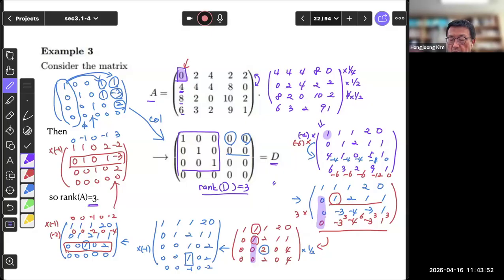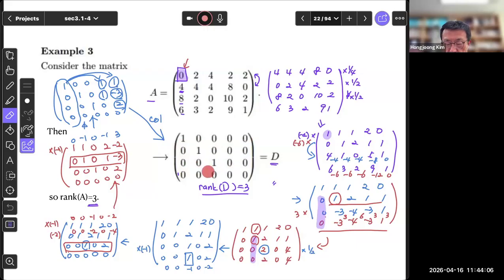Now the second thing you need to observe is this. In the D matrix, D consists of many zeros, right? It has only three non-zero values, in the first row, second row, third row, right? So those three ones show that the rank of D is 3.